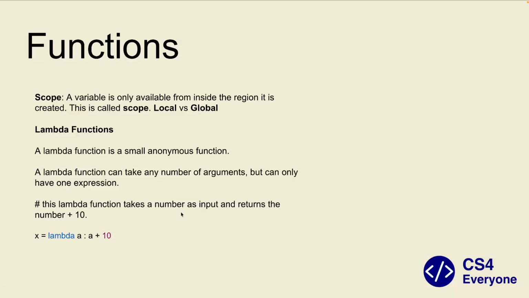Here, it takes a number as an input, and it returns the number plus 10. As x here is a lambda function, with a as an input, and it will return a plus 10. And recursion. Recursion is when a function calls itself. Okay, now that we learned all of this, we'll try it out in Visual Studio Code.